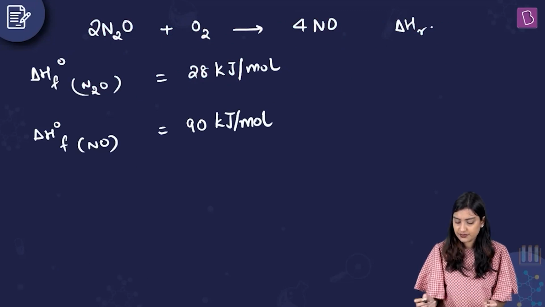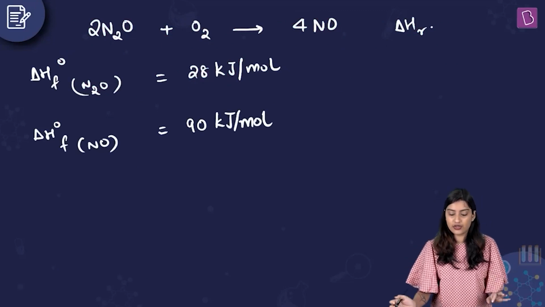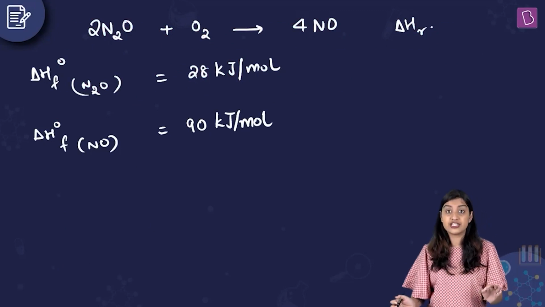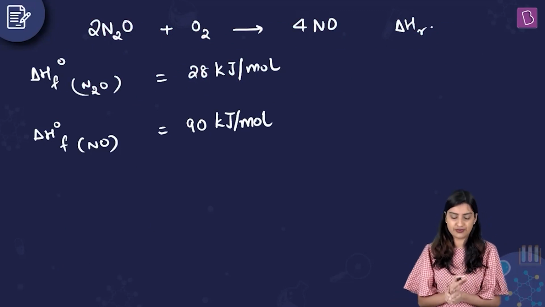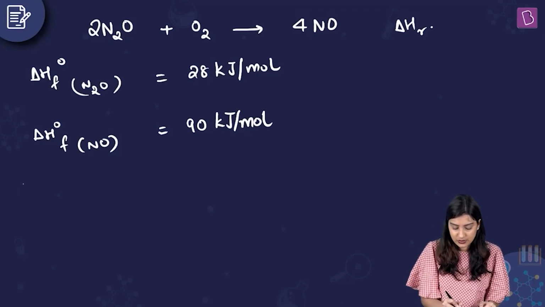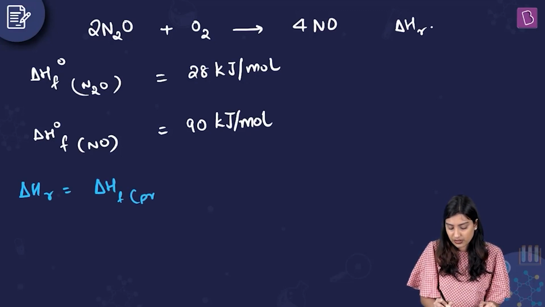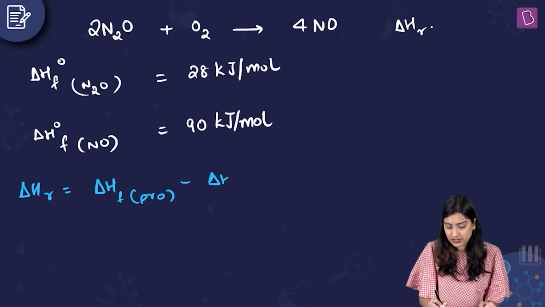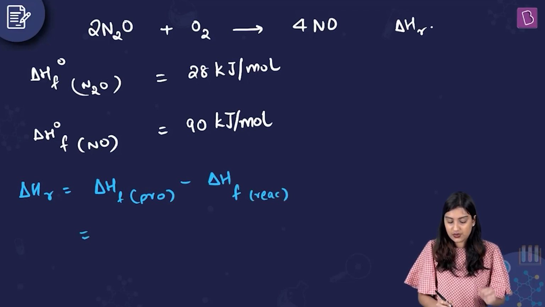Fine. Sorted. Now you have to find out heat of reaction, enthalpy of reaction basically. So how do you do this? Basically you'll get delta HR is equal to delta H formation of the products minus delta H formation of reactants. What are your products?